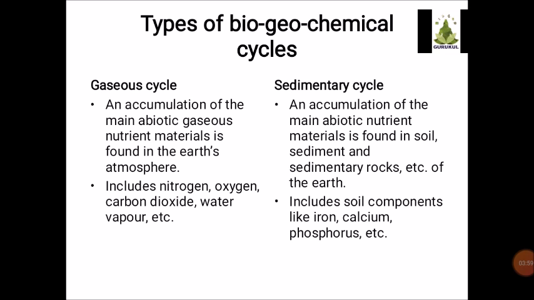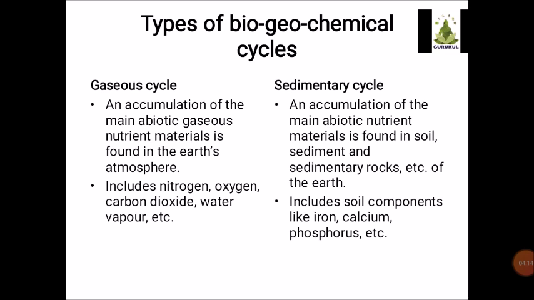So now the picture might be a little bit clearer in front of your eyes: the gaseous cycle is the accumulation of main abiotic gaseous nutrient materials found in the Earth's atmosphere.